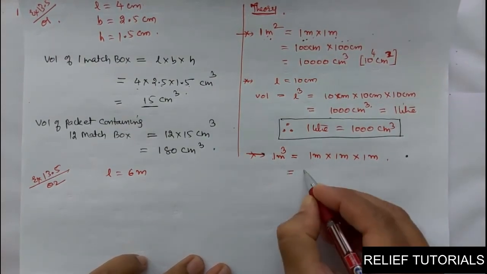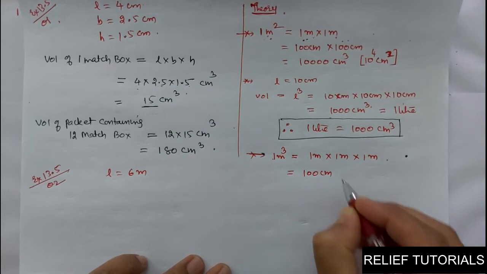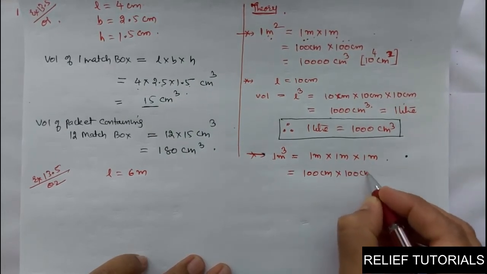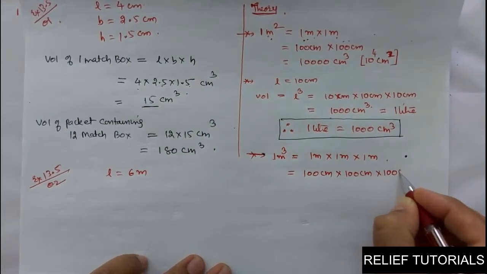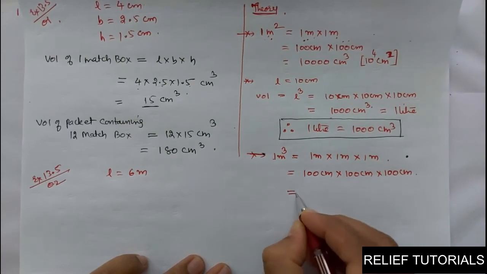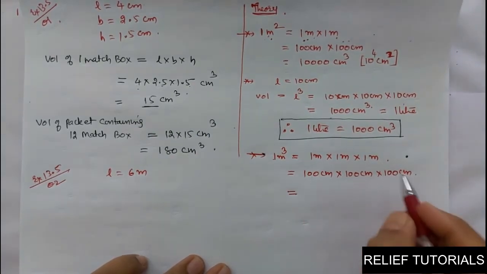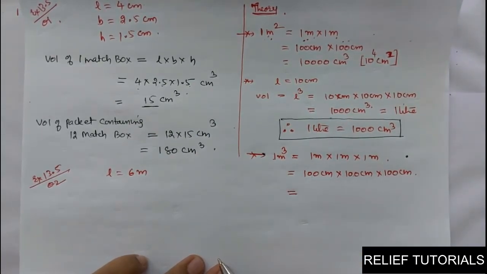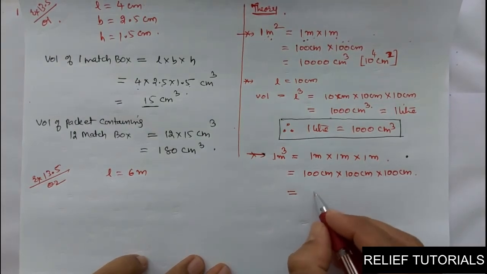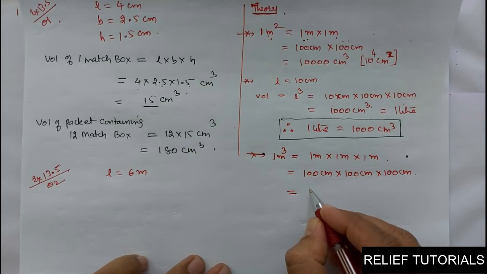1 meter means 100 centimeter, so 100 centimeter into 100 centimeter into 100 centimeter. That is 100 into 100 into 100, which has 6 zeros. So that is equal to 10 raised to 6 centimeter cube.